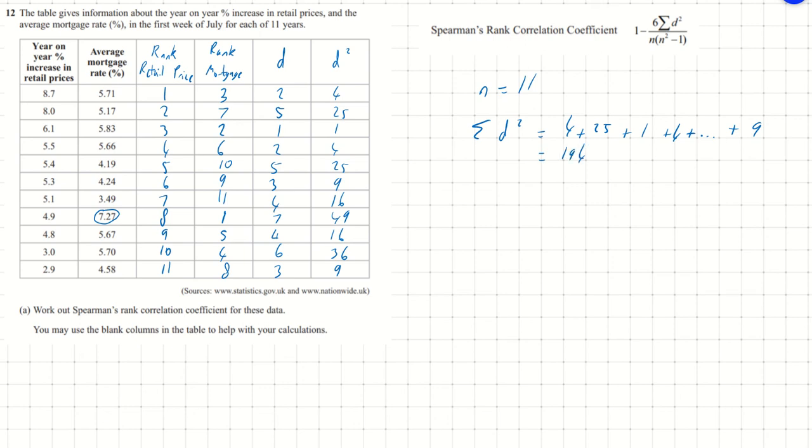Okay, so all we do now is plug these numbers into the formula. The correlation coefficient, which we usually use r for, is 1 minus 6 times the sum of d squared, that's 6 times 194, over n, that's 11, times 11 squared minus 1.